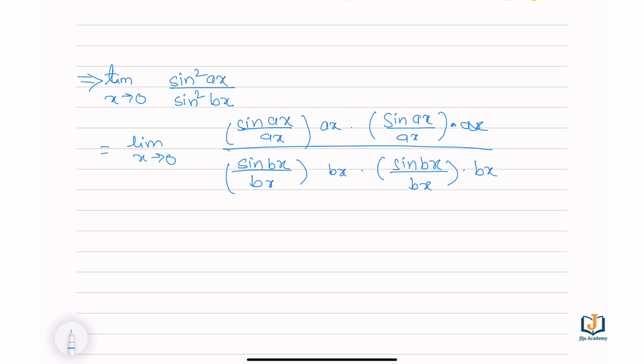So here we will multiply ax into x, that is a square x square, and down b square x square.